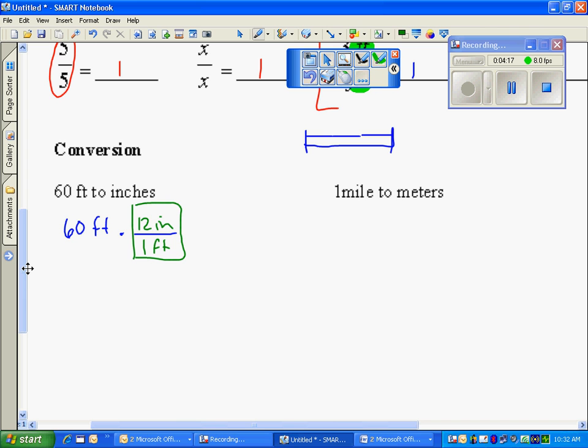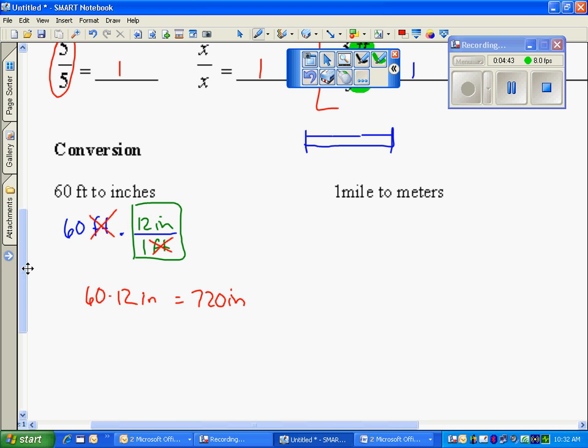I can multiply any value by 1 and not change the result, not change what it is equal to. So 60 feet times 12 inches to a foot is multiplied by 1. What I like to do now is almost think of this as a fraction. Feet cancel feet, and I end up with 60 times 12 inches, and multiplying that I get 720 inches.